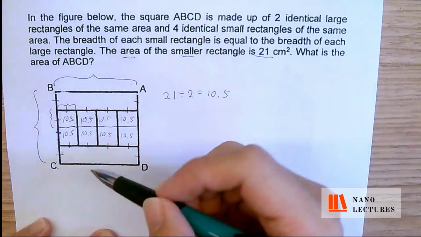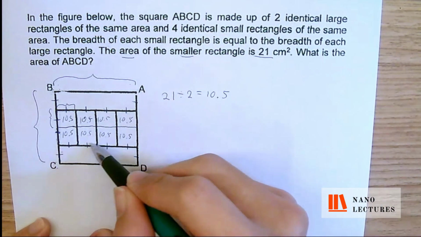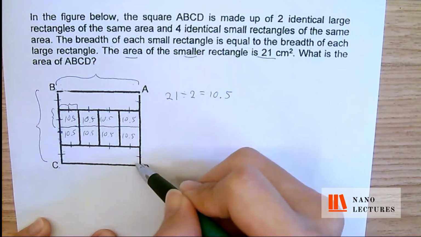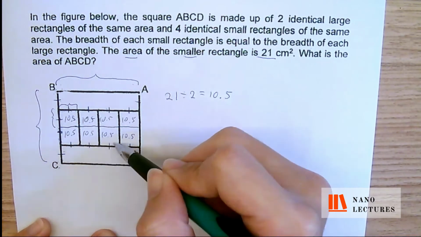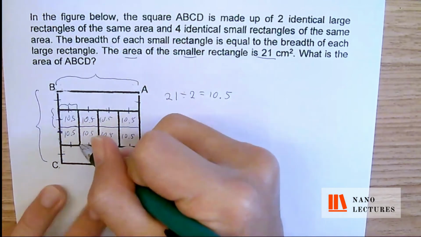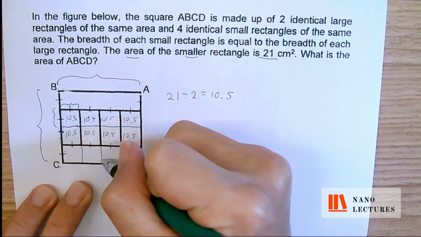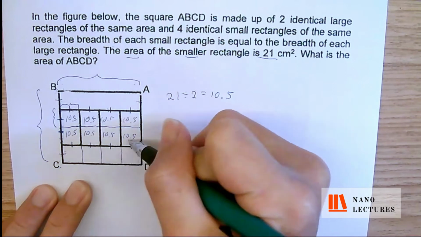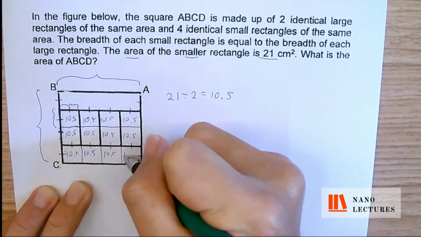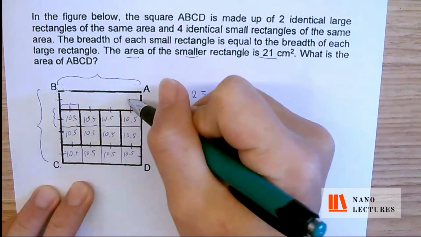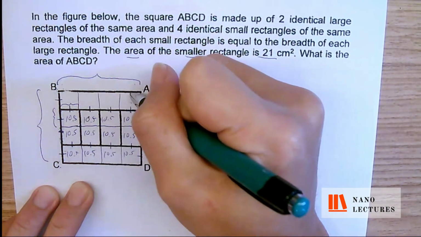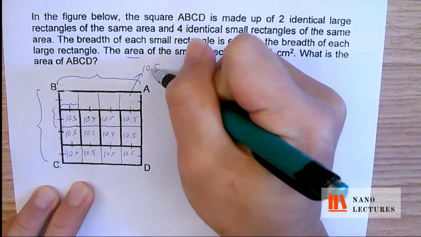So from here, we found out that the breadth is the same. And each rectangle is actually made up of 4 equal breadths. Which means I can cut the large rectangle into 4 parts, and they will all become squares. And each of the squares will have the same area, which is 10.5. So I'm going to do the same thing over here, cut all of them up, and each of them will be 10.5.